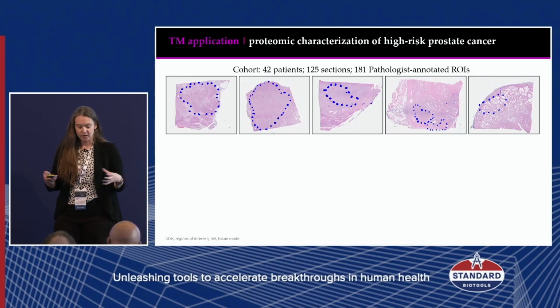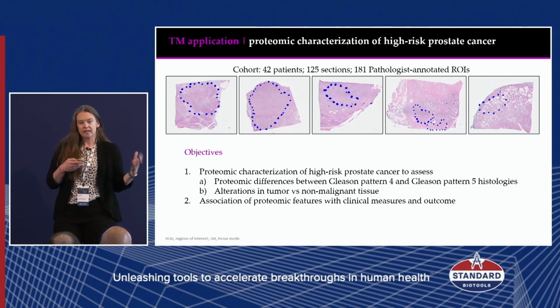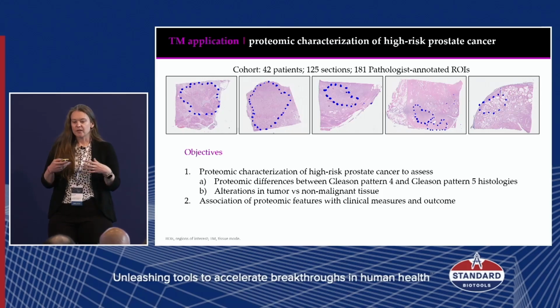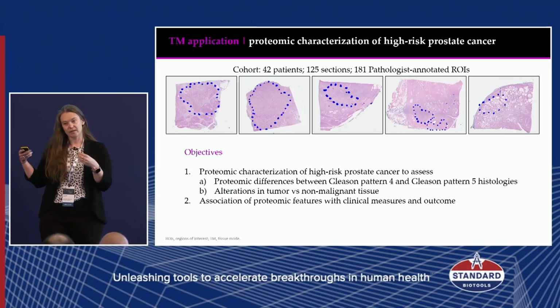The objectives of the study are to try to figure out the differences between Gleason pattern 4 and Gleason pattern 5 histologies. For those who aren't familiar with prostate cancer, we have a staging system that is referred to as the Gleason score or the Gleason pattern, but we're specifically, no matter what score, looking at the high-risk cases.